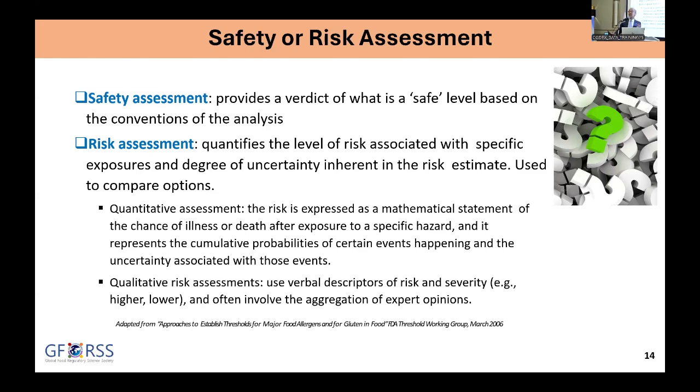But when we speak about potential hazards that are introduced as a result of an application where you deliberately add the substance or you deliberately introduce a new food, like a novel food, in this case, we use the terminology of safety assessment. Why? Because I have a say in this.